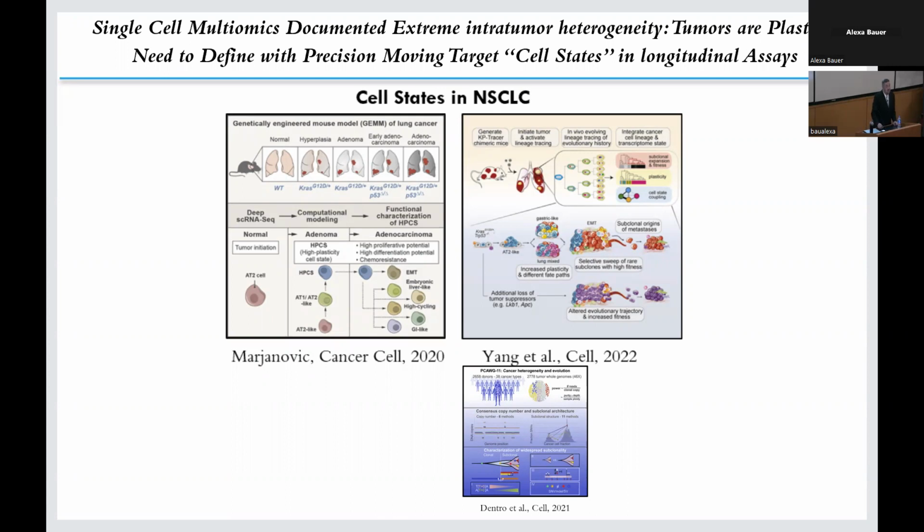Their follow-up study just a few months ago, also in Cell, shows that this heterogeneity, the plasticity in the tumors, is not only genomically derived, but also derived from the tumor microenvironment. Indeed, their data show that the microenvironment is heterogeneous.